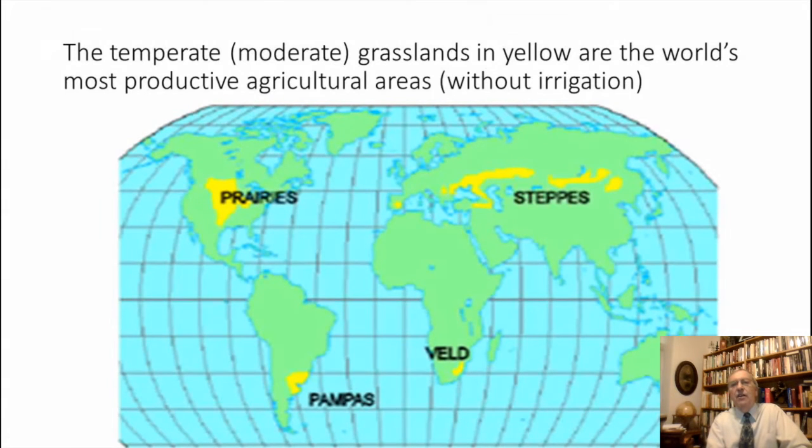And we'll see that these are some of the richest agricultural areas of the world, just like the American grasslands are the richest, most productive agricultural areas in the United States and Canada. And we're going to see that quite a bit of world agriculture relies on this very small percentage of the Earth's surface.